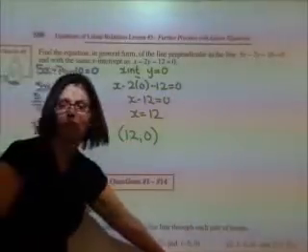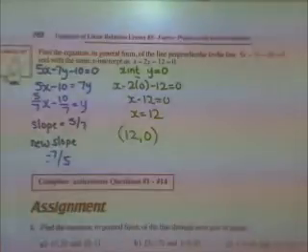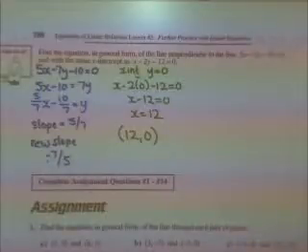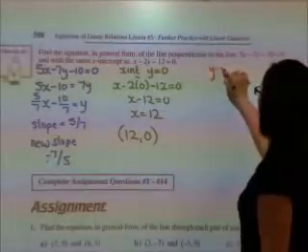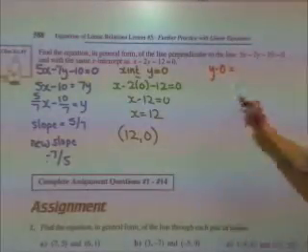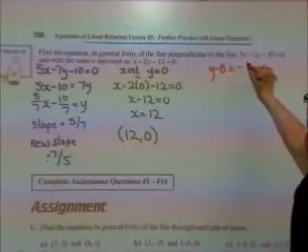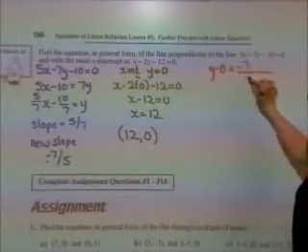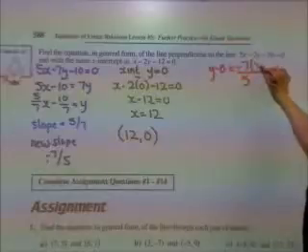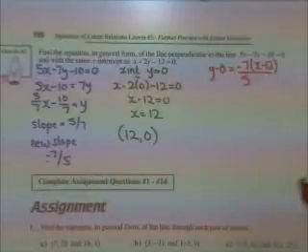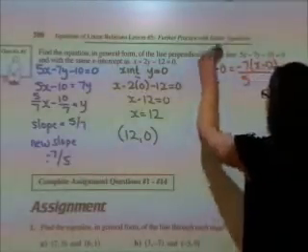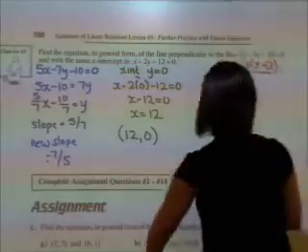So I need this slope and this point. So which equation form would I use? Slope point form. So y minus y1, which would be y minus 0, equals m, negative 7/5 times x minus x1. And that y minus 0 is just y, so I could write y there.